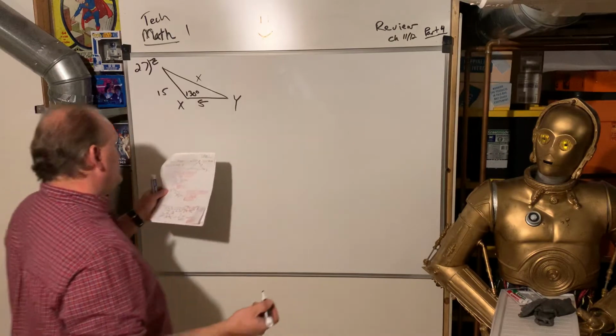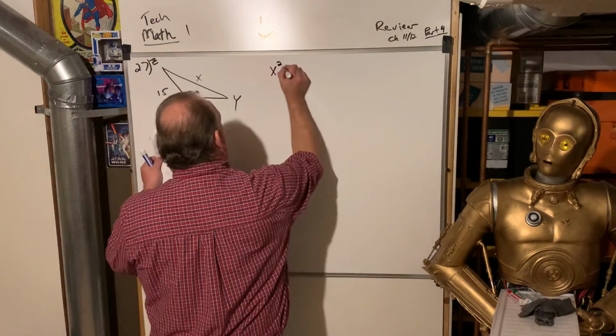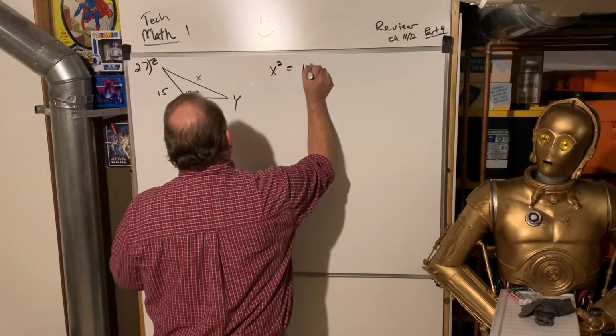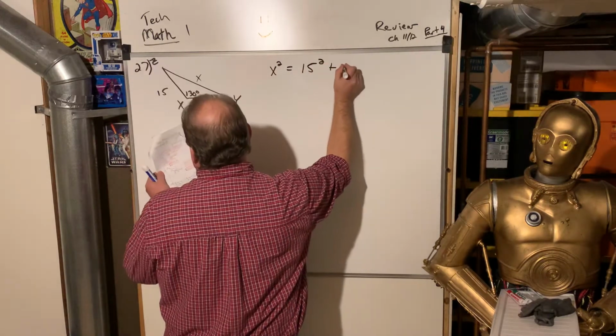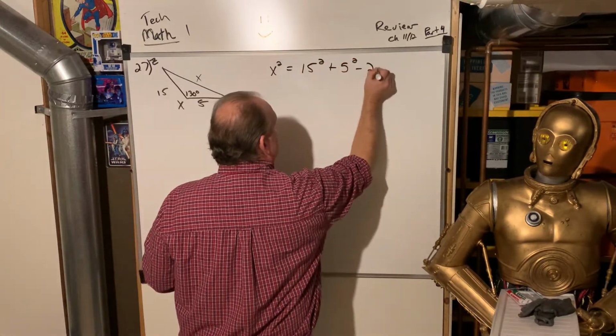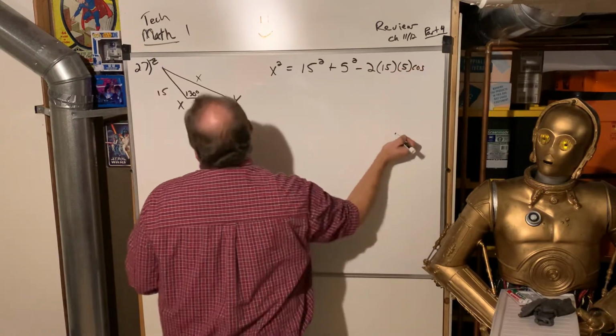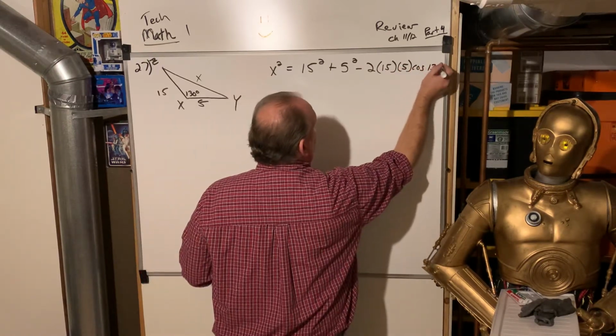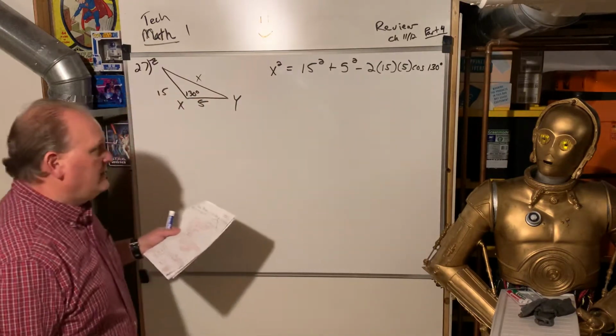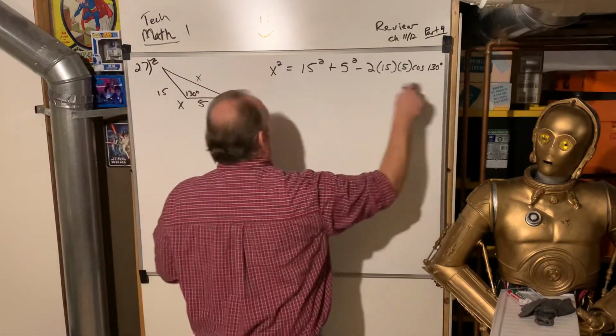So this one will be easier. This is x squared is equal to 15 squared plus 5 squared minus 2 times 15 times 5 times the cosine of 130 degrees.